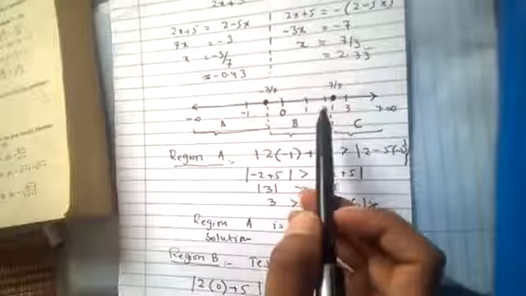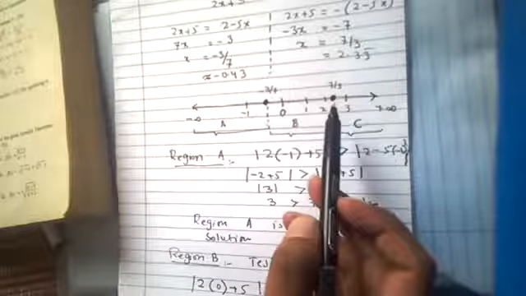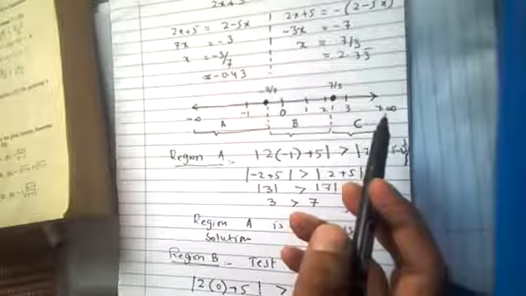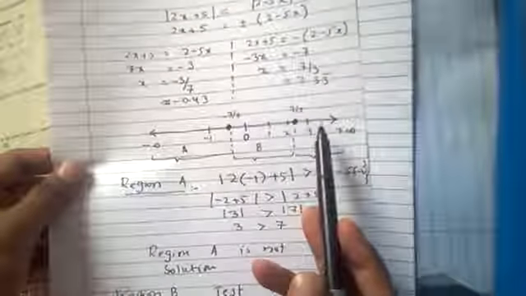Finally, we will check out region C. It starts from 7/3 and it ends at plus infinity. It means that it has no upper bound and it has a lower bound. One of the test points is 3, another one is 4, 5, 6. I will take 3 as a test point.